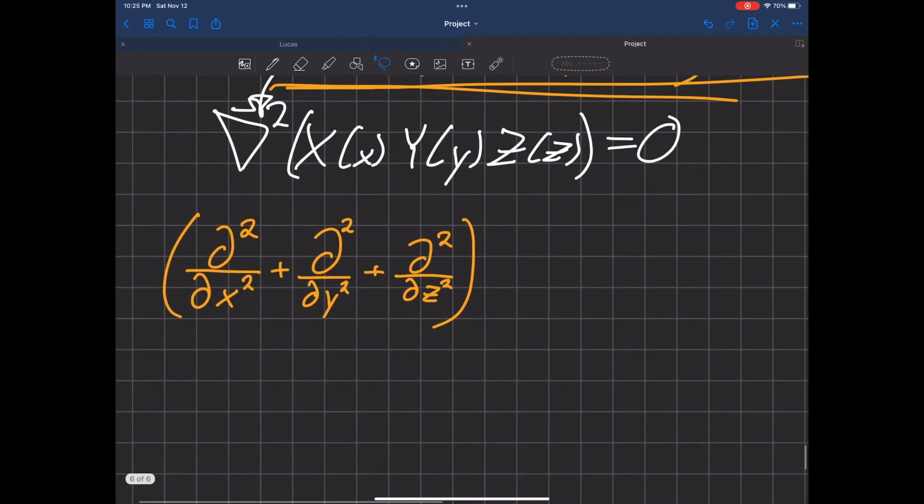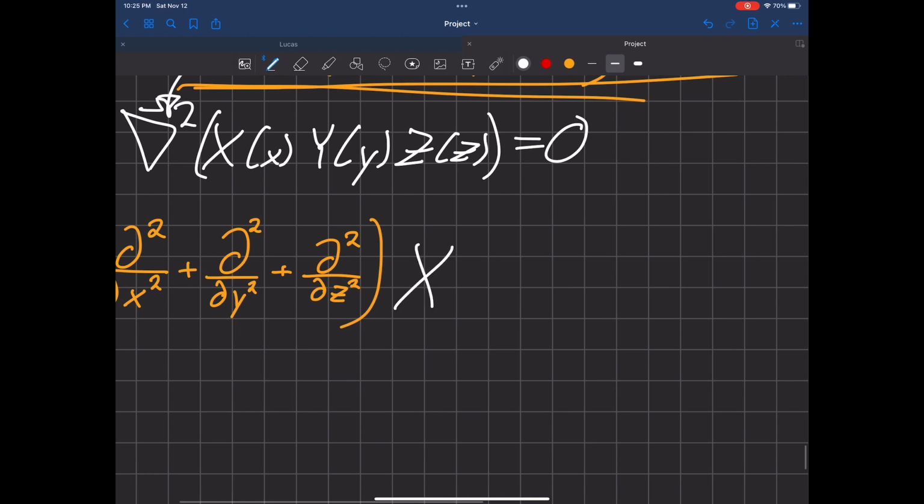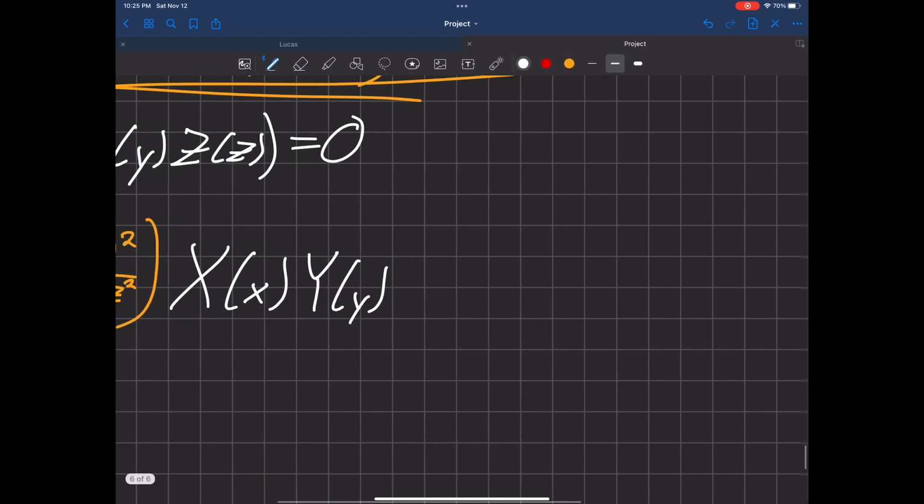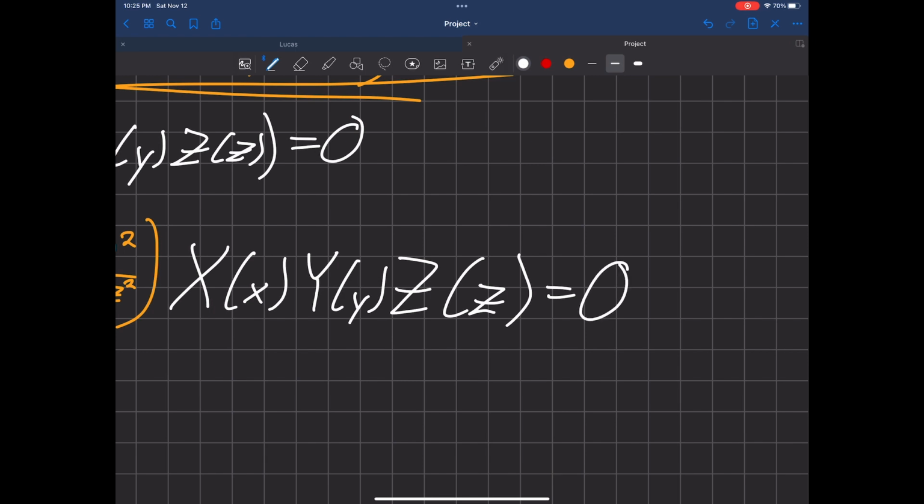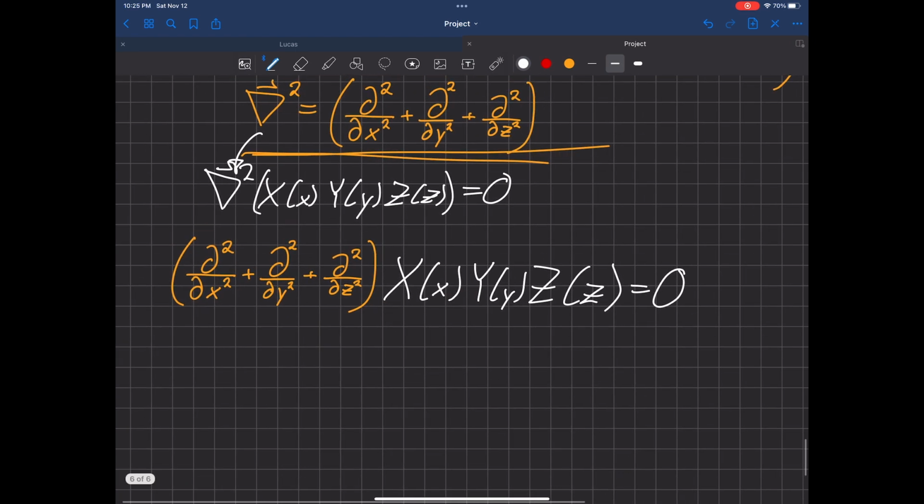So we're gonna have this acting on x of x, y of y, z of z is equal to 0. Okay, stop. Make sure we know what we got here. So we generalized our voltage, or our potential, depending on what you want to call it, and we expanded out our gradient squared. All right, here's where the interesting stuff happens.